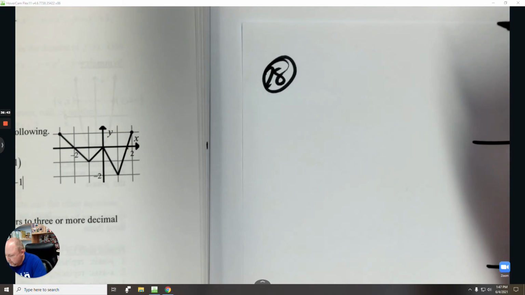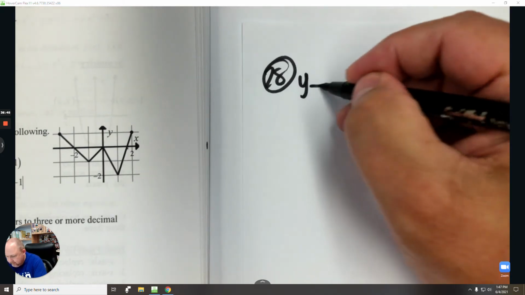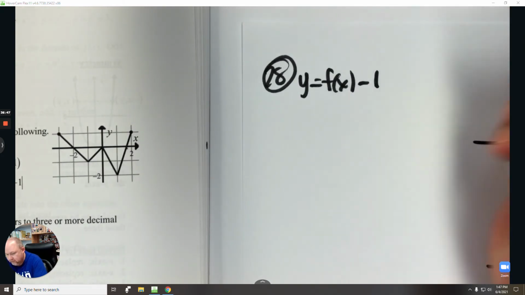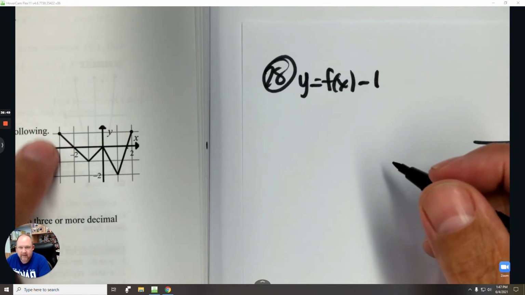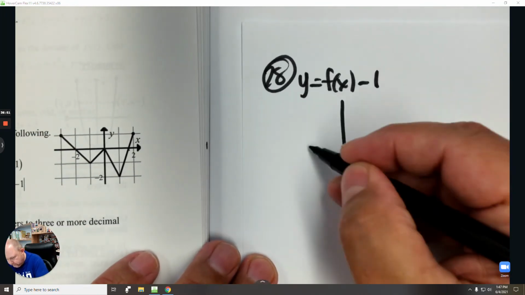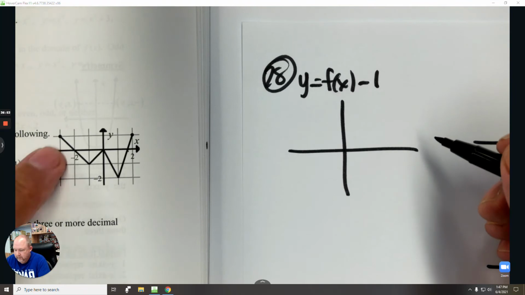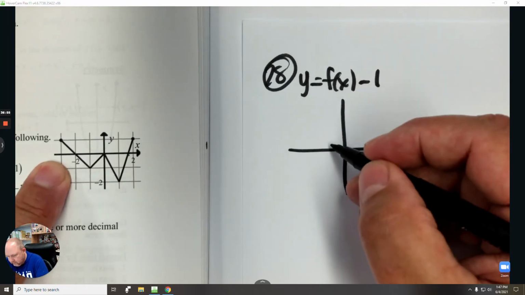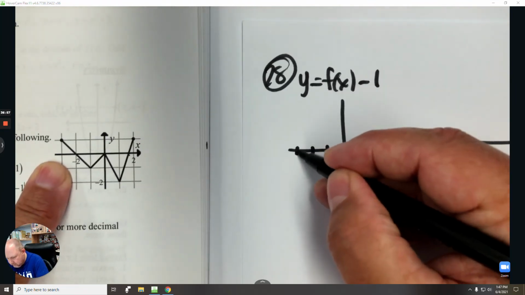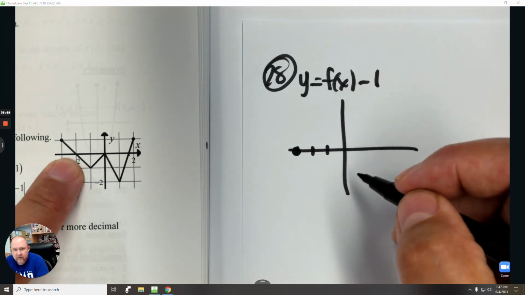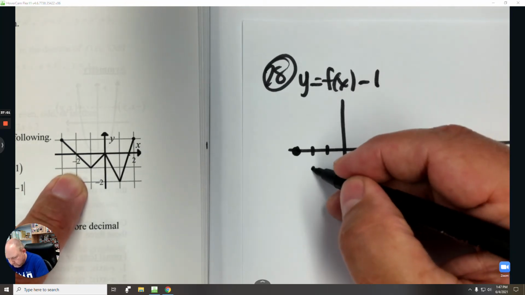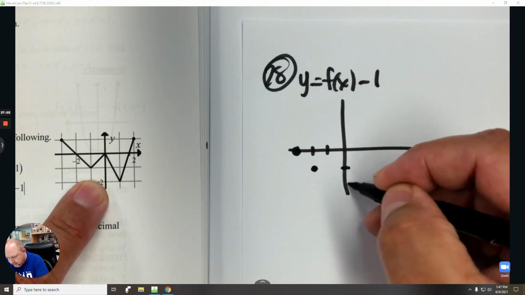In number 28, f of x minus 1 means you just take every point and shift it down 1. So this first point goes down to negative 3, 0. And then this point goes down. And this point goes down.